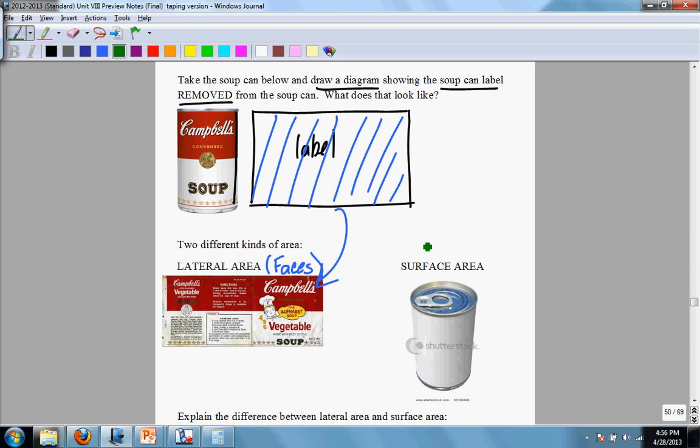Whereas surface area is going to be the area of the face, or faces, which would be the label area, plus the 2 bases, which in this case would be the circles. So surface area is going to be faces plus bases.